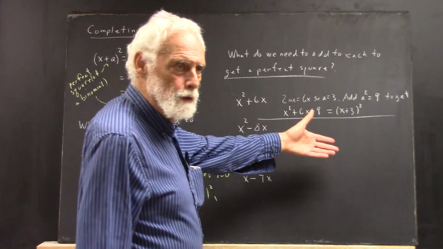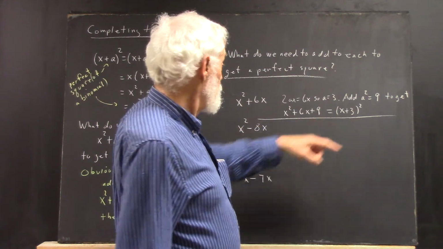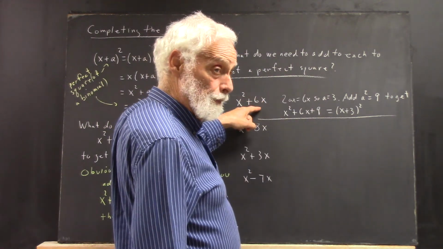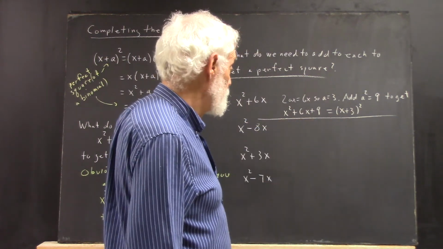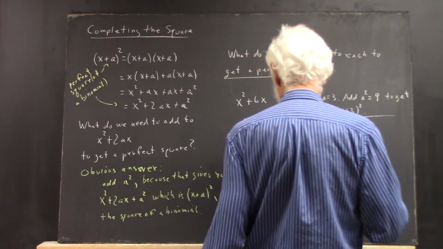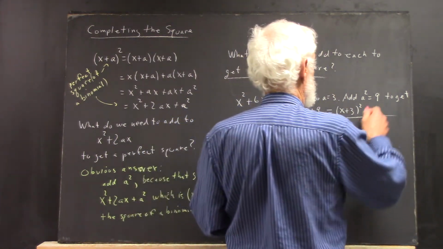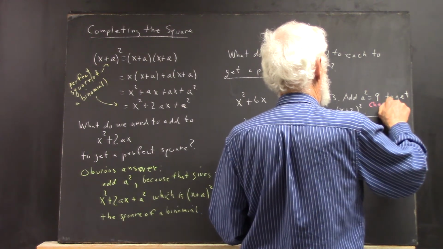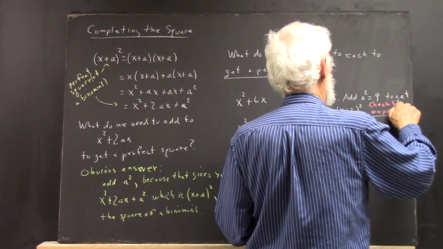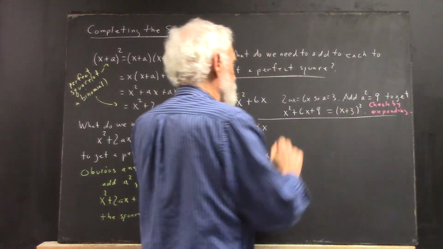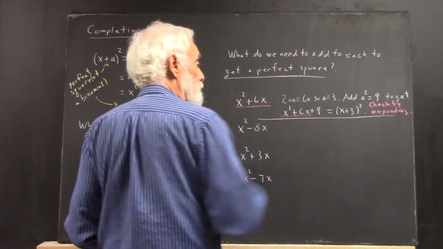And then you want to check. Check by squaring x plus 3 and see if you don't get x squared plus 6x for the first two terms and 9 for the third term. I'm not going to do that. I'm just going to say check by expanding this, see that you get this, and see that the first two terms are these.